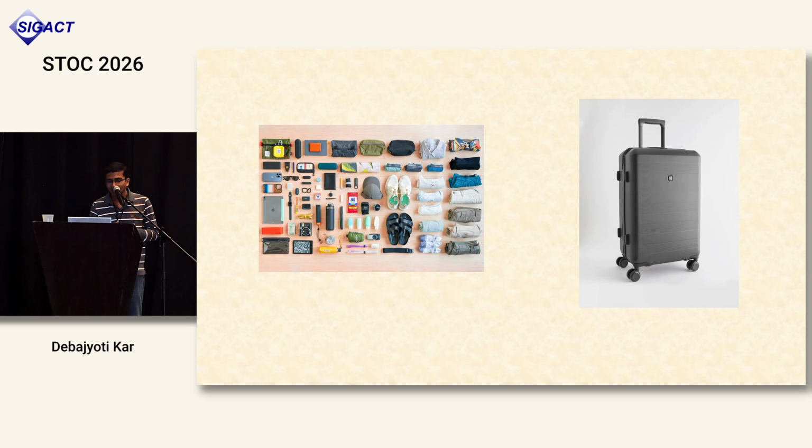Unfortunately, now you do not have enough space to accommodate all these items in one suitcase. So then naturally, you would want to pack as many items as possible into the suitcase. And as you can see here, most of the items are sort of rectangular in shape. So computationally, this is what is called the two-dimensional geometric knapsack.